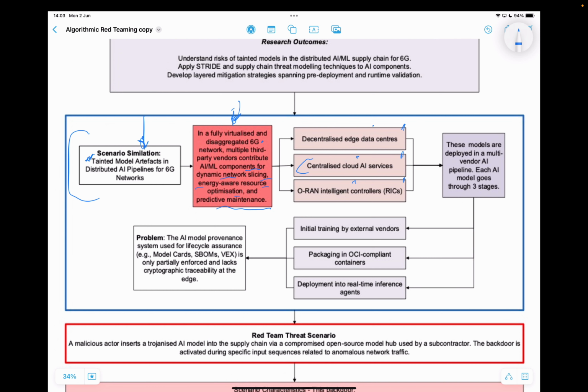Doesn't mean that I agree with that. I just acknowledge that that's what the literature states, that centralized cloud AI services are more secure, because there are also elements of regulations, and those regulatory compliances make this the only option in terms of cloud AI services.